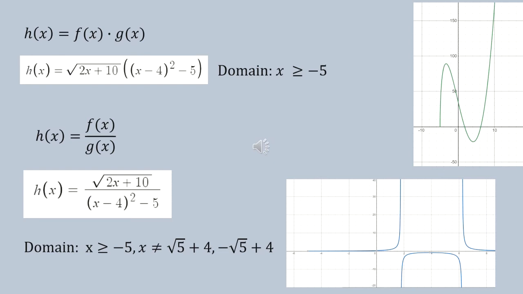You still have x greater than or equal to negative 5, but you also cannot have x equal to those two values that make the parabola 0. You can see where square root of 5 plus 4 and negative square root of 5 plus 4 are on the graph. It is where those vertical sections are of the blue graph. I'm soaring to positive and negative infinity around those two values.